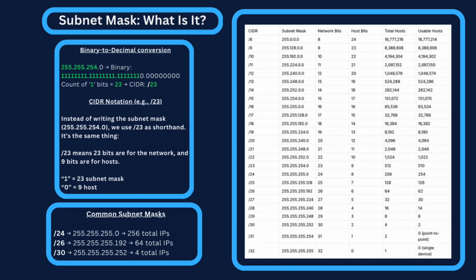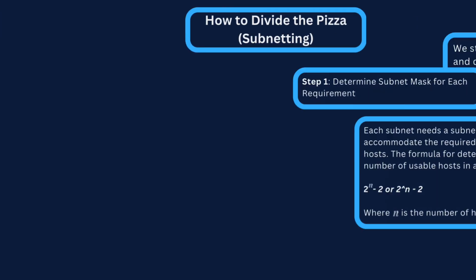Network bits, fixed part of the address for the network. Host bits, remaining bits used for devices, hosts in the network. Total hosts, total number of IP addresses, 2 to the power of host bits. Usable hosts, total -2. Network and broadcast addresses are reserved. This table helps you quickly identify how many IPs you get with each CIDR notation.